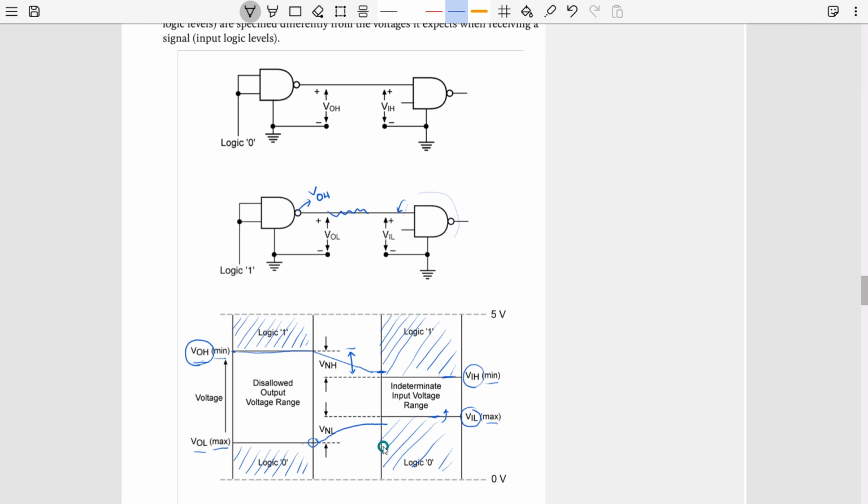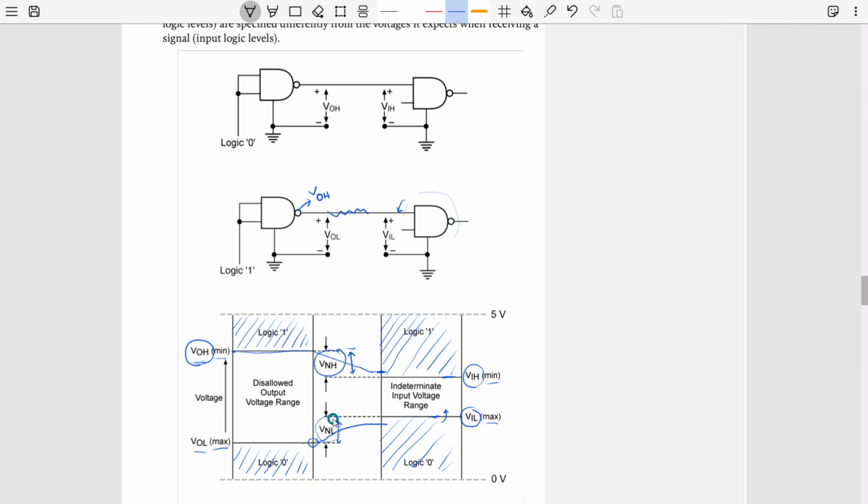So if this length here is higher than the one we are seeing here, obviously noise margin will be higher. That means it can withstand or tolerate more noise. That's the idea. And we have two different names for that. For the high portion we call that VNH, high level noise margin, and this one VNL, low level noise margin.